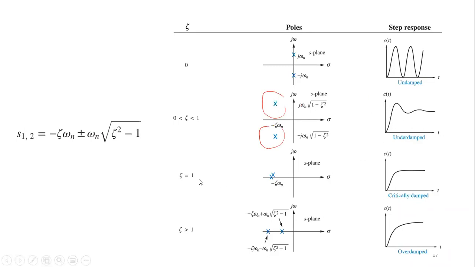If the damping ratio is equal to 1, the two poles share the same place, so it is critically damped and you can expect the output response to be critically damped. If the damping ratio is more than 1, the two poles are located on the real axis of the S-plane.